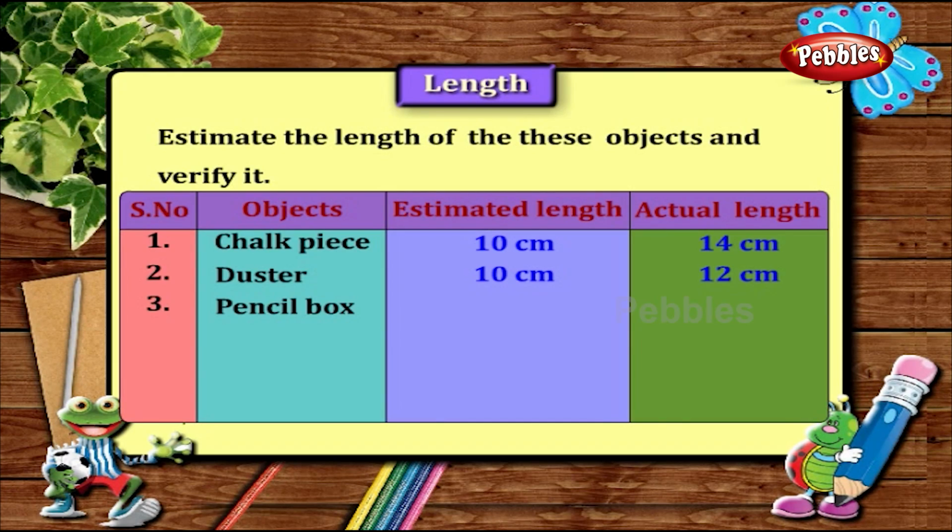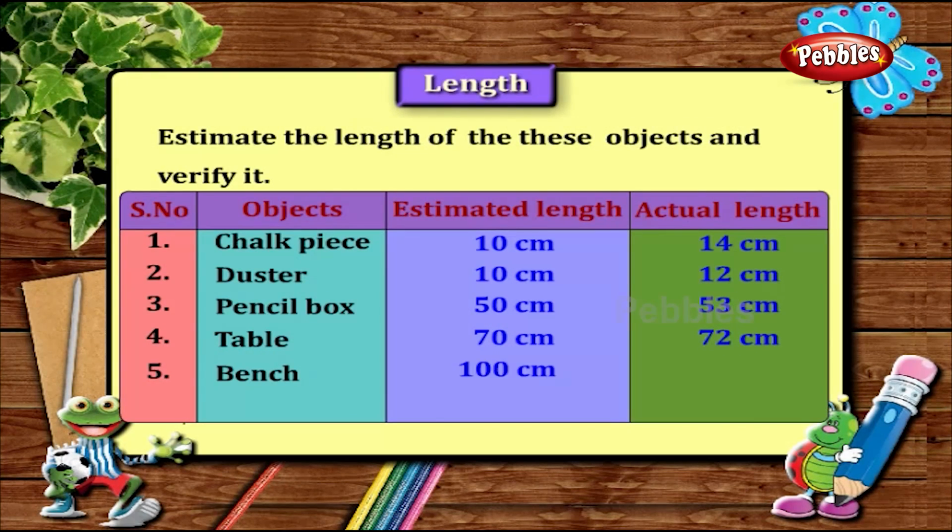Pencil box. Estimated length 50 centimeters. Actual length 53 centimeters. Table. Estimated length 70 centimeters. Actual length 72 centimeters.